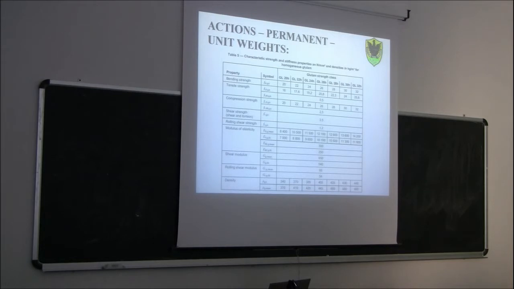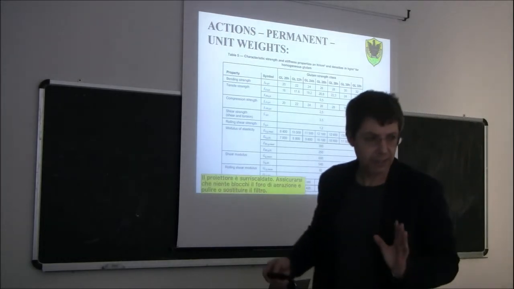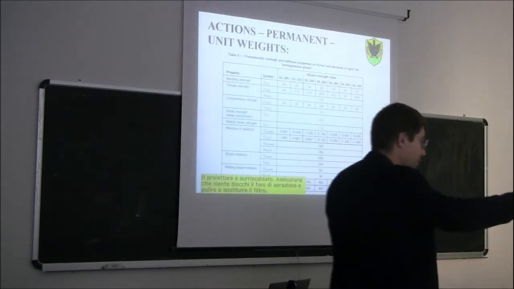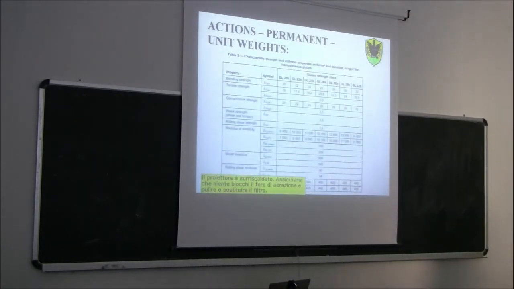So you find it written Gk, but actually, strictly speaking, this should be a Gm, the mean value of the permanent loads. Just not to make any confusion, because all the other loads are Qk, the regulation says, okay, I put the Gk, but just keep in mind that those are the mean values, not the characteristic ones. And then, of course, instead they apply a smaller gamma G coefficient like 1.1 or 1.2, they apply a higher value, so 1.35.